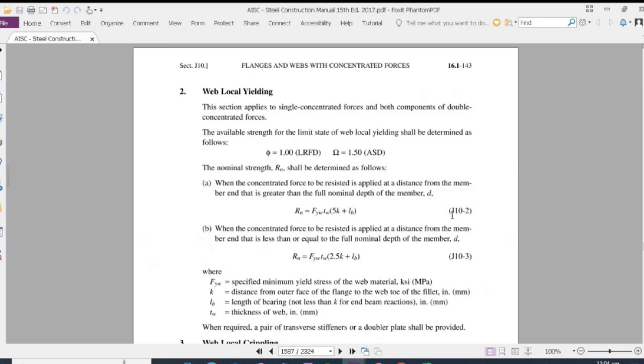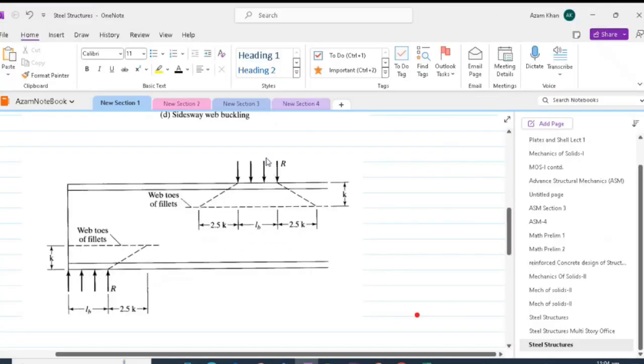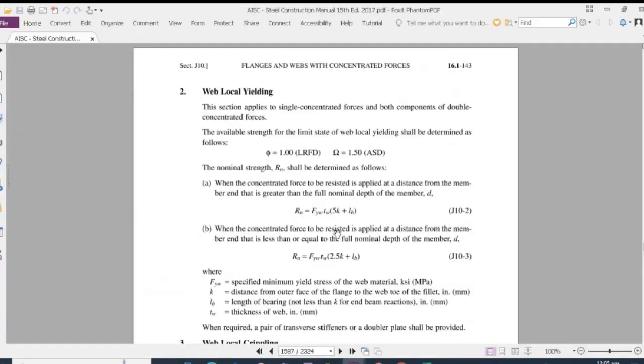J10-2 is applicable where the concentrated load or reaction that causes tension or compression is applied at a distance greater than the depth d from the end of the member. So, in other words, if the concentrated load is applied at a distance greater than d from the end of the member, then we use expression J10-2.